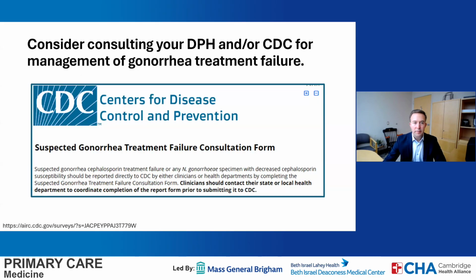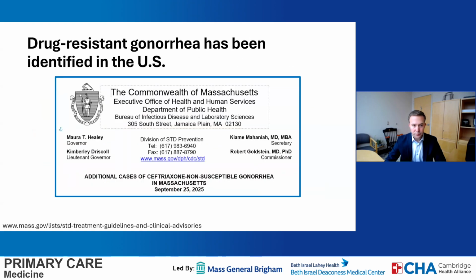If you do have a case of suspected treatment failure for gonorrhea, then you can reach out to your local Department of Public Health and/or CDC, and there is a way you can request a consultation with experts at CDC around treatment of apparent or the possible scenario of gonorrhea treatment resistance.